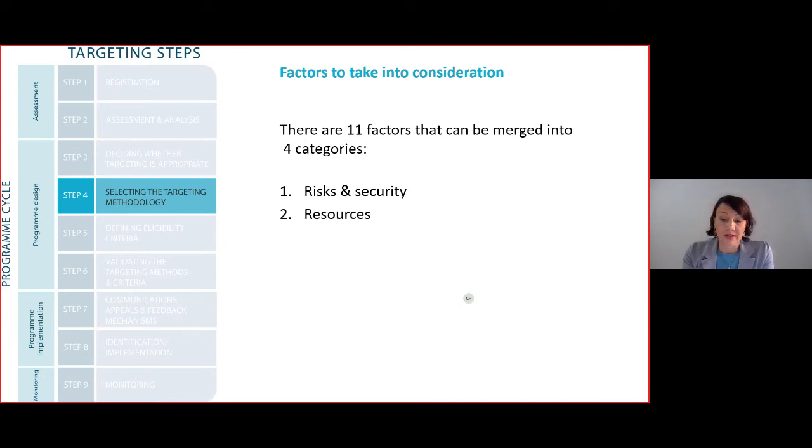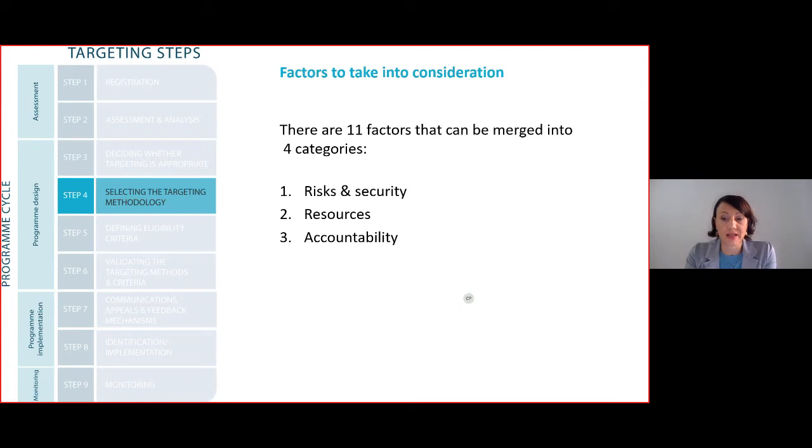We also have a factor to consider, which is resources. How much resources do we have to implement the targeting, or to conduct an assessment, or to have a specific analysis? Based on the resources, we select one method instead of the other. But also, consideration should be taken around accountability. So, how consistently can these methods be applied, but also how easy is it to explain this specific method or approach to the community.